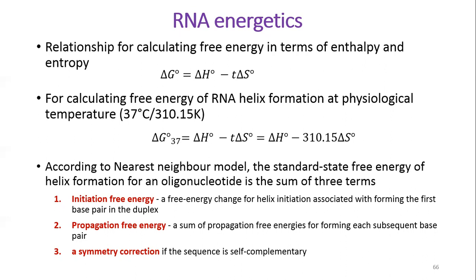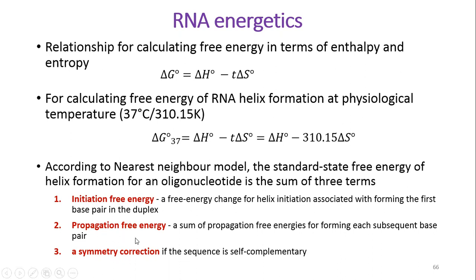So there should be some term that takes account of the two bases that form base pairing for the first time in the process of folding. That is called the initiation free energy.